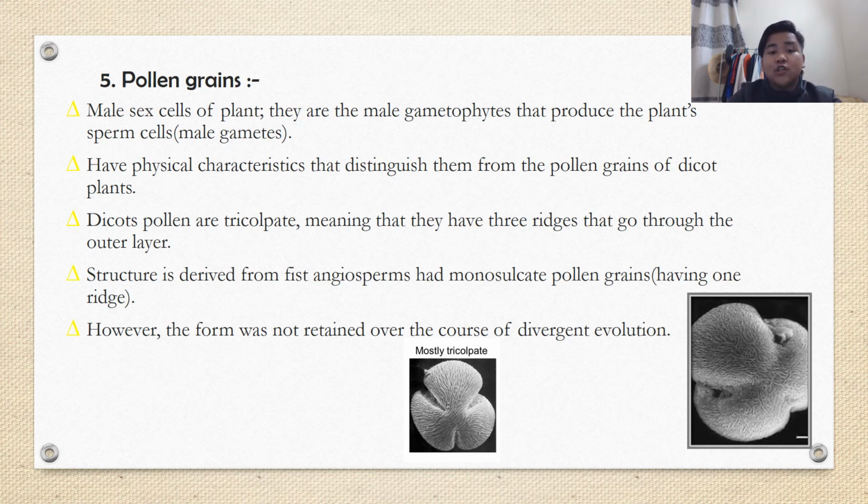If you look closely, dicot pollen grains are tricolpate, meaning that they have 3 ridges that go throughout the outer layer. This structure is derived from the first angiosperm, which had monosulcate pollen grains. That means having 1 ridge. The monosulcate form, however, was not retained over the course of divergent evolution.